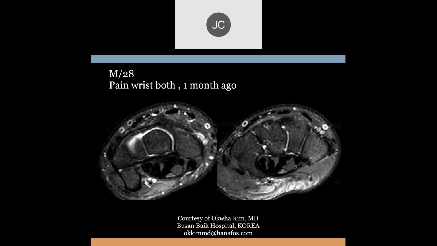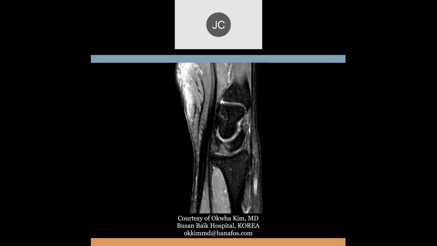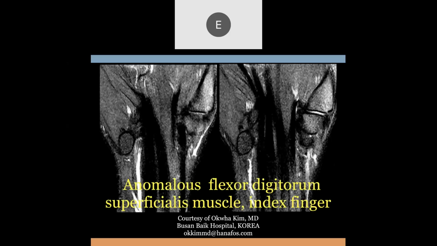Yeah, it kind of has the same signal on these fat suppressed images as maybe synovium over here, possibly fat. Here we go, another fat suppressed image in a little different location as we go more distally. Maybe a little bit of thickening here. Sagittal image. Coronal images here. Is this an accessory muscle? Through here. Looks like muscle.